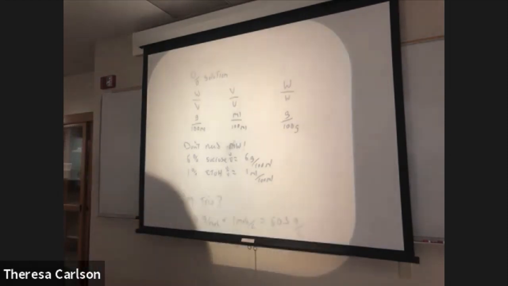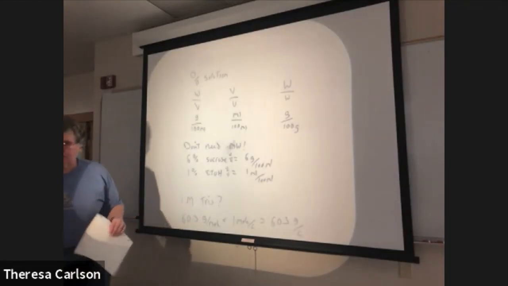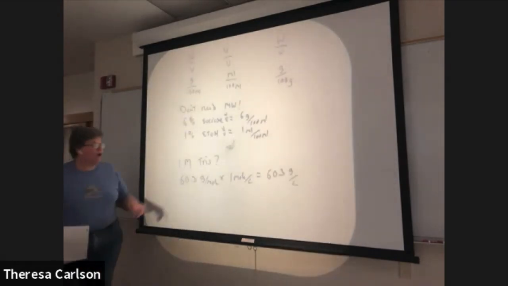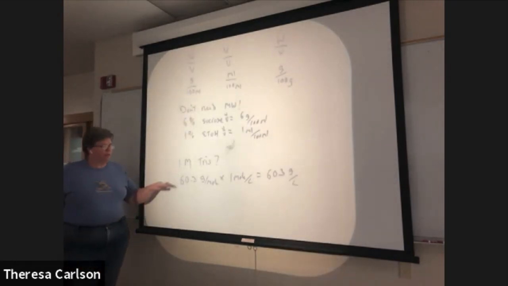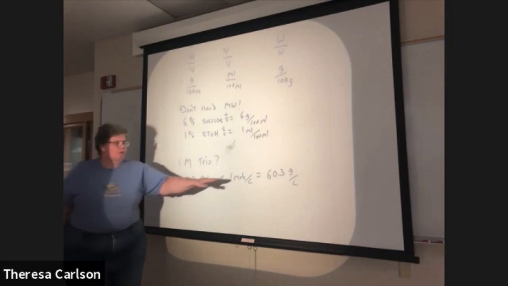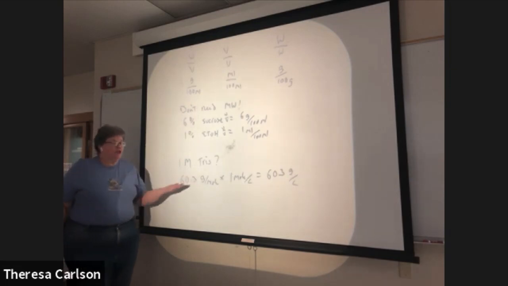On the other hand, if you wanted to make a 1 molar Tris solution, now you would need the molecular weight. The molecular weight of Tris is 60.3 grams per mole. And if you wanted to make a 1 molar solution, that would be 60.3 grams per liter of solution. And then you can just adjust these.